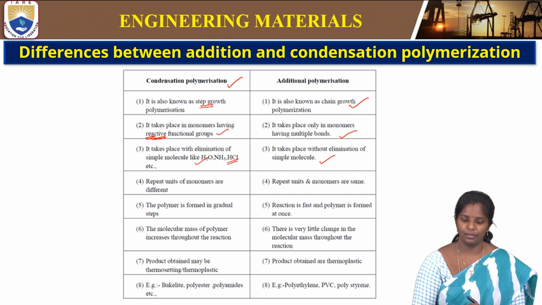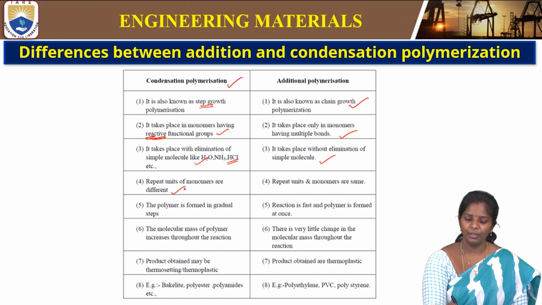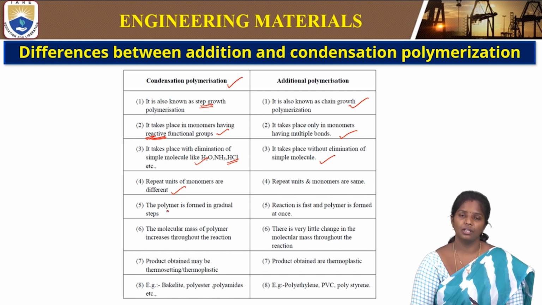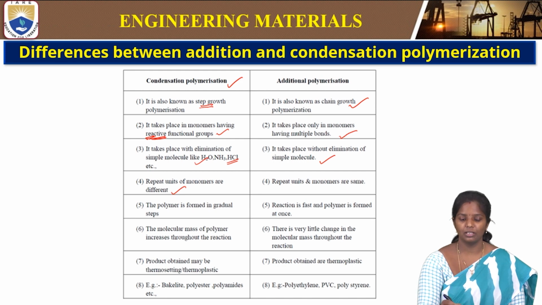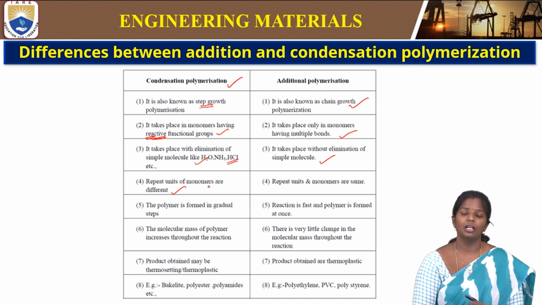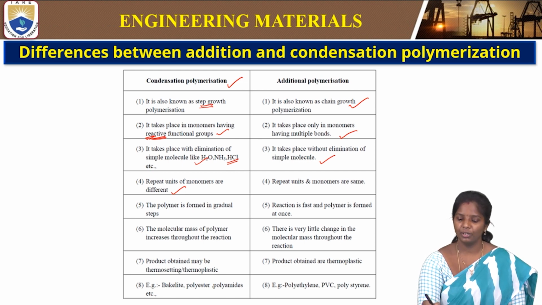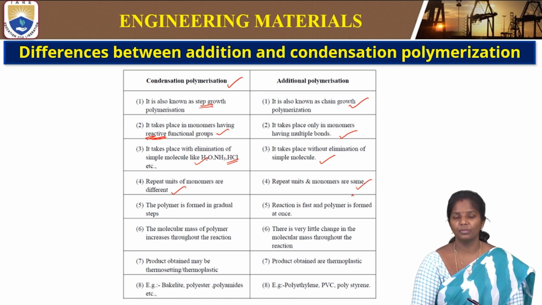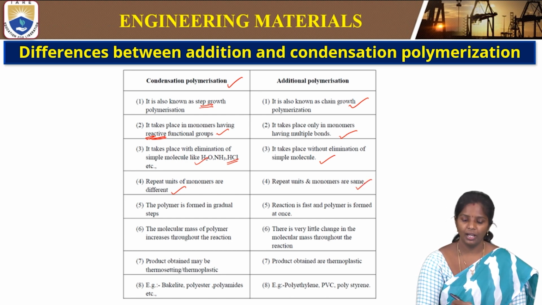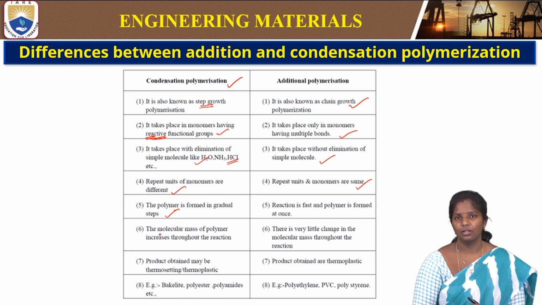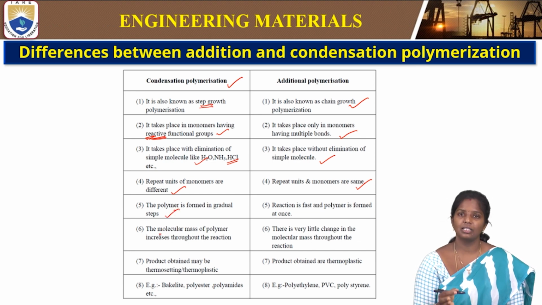In condensation, the repeating units of monomers are different, since we are using different monomers. In addition, the repeating units are the same. And in condensation, the polymer is formed in gradual steps, as there is elimination of some simple molecules, so stepwise growth takes place.